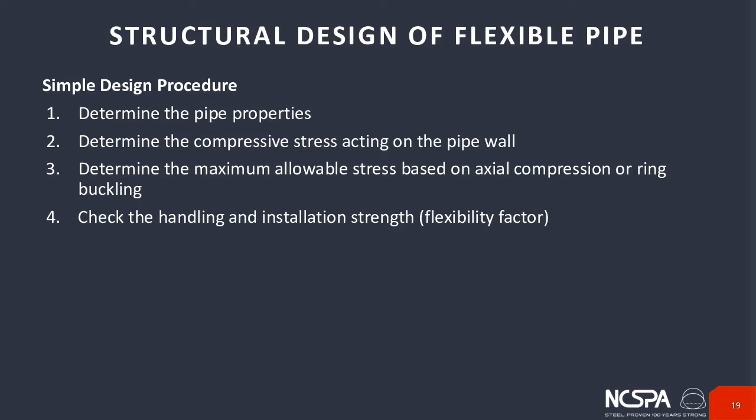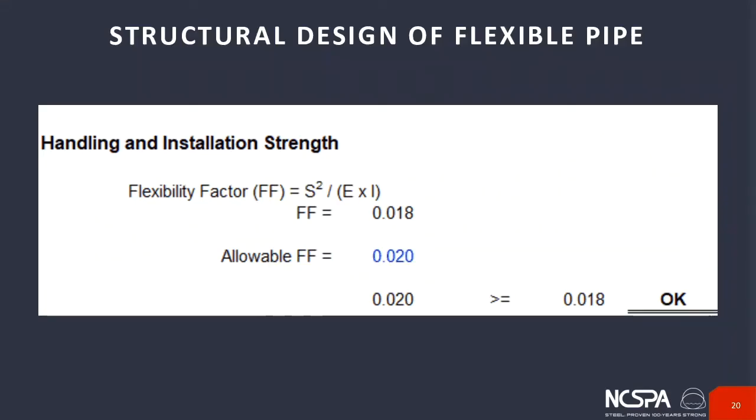So we do go through this as an additional check. It is called the flexibility factor. In the metal pipe industry, essentially there is a limit.